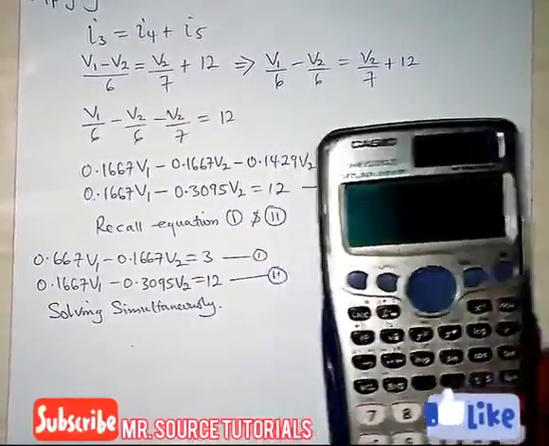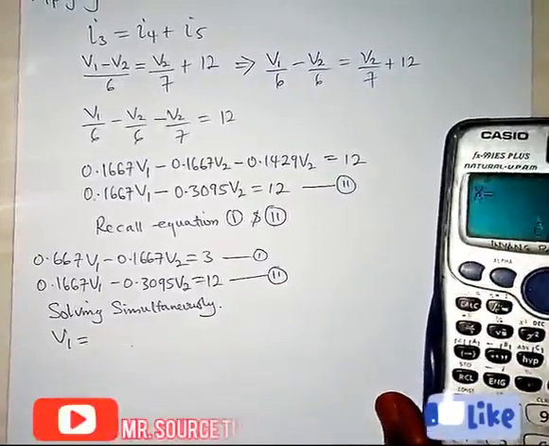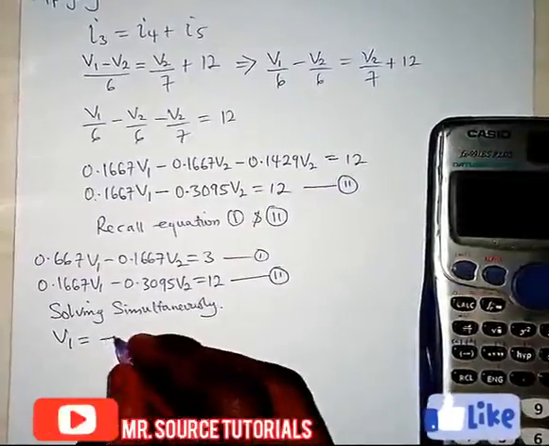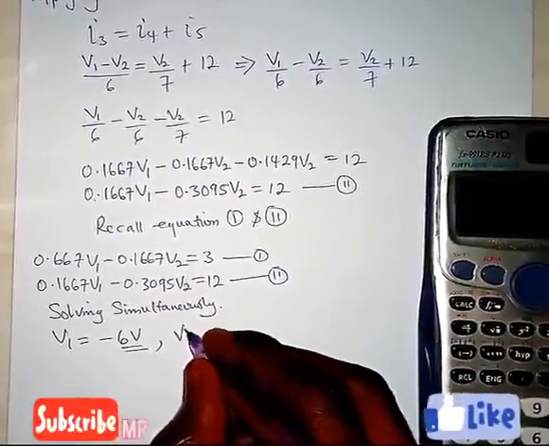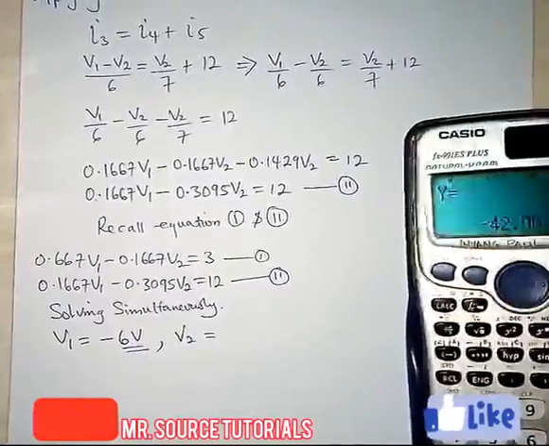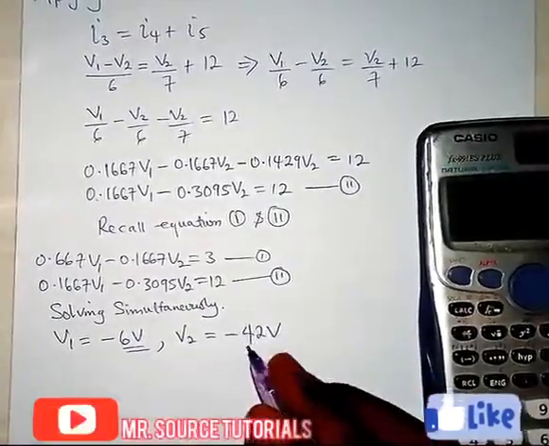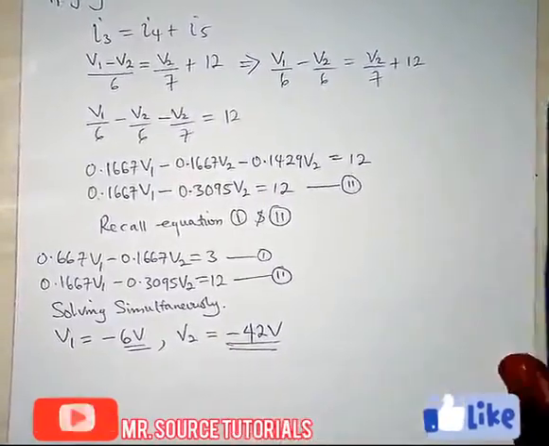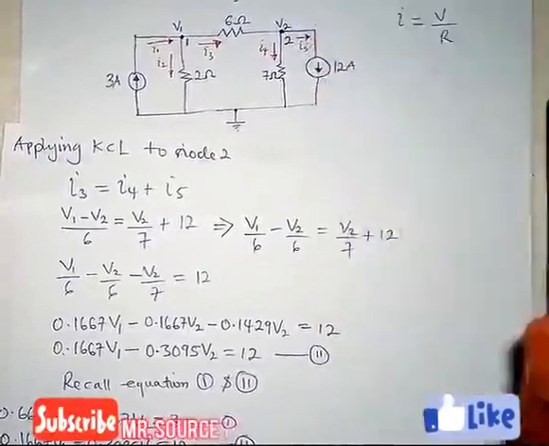We're going to have that our V1 is given by minus 6 volts and our V2 is given by minus 42 volts, which are the values for the node voltages V1 and V2.